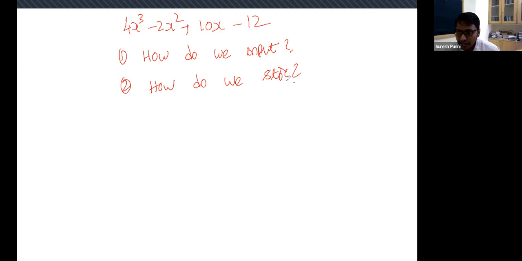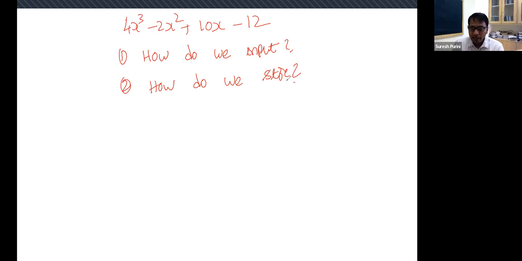I want you to understand that this is a mathematical problem, and 4x cube minus 2x square plus 10x minus 12 is something which we work with.